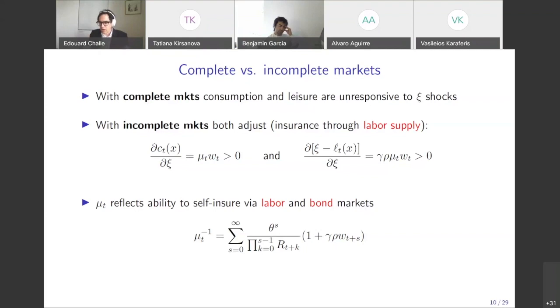We're talking of an economy where monetary policy can indirectly insure agents by making it more or less easy for them to self-insure. So any policy path will imply a sequence of real interest rates and a sequence of real wages, and therefore will affect mu t. Is that clear?